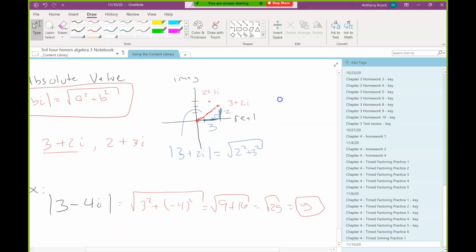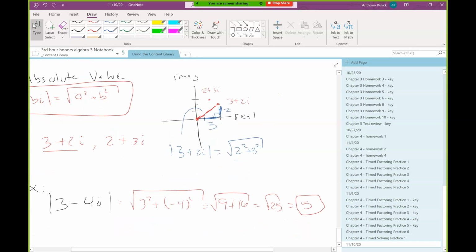Is that okay? So again, really simple, right? You just plug it into the formula, and out comes your answer. Will it always be a whole number like that? No. But it'll always be a real number because it's a distance. Okay.